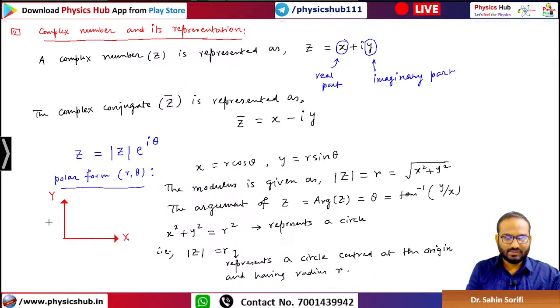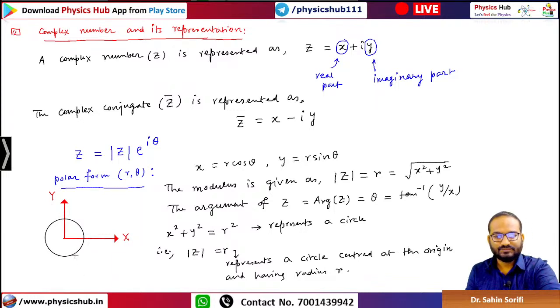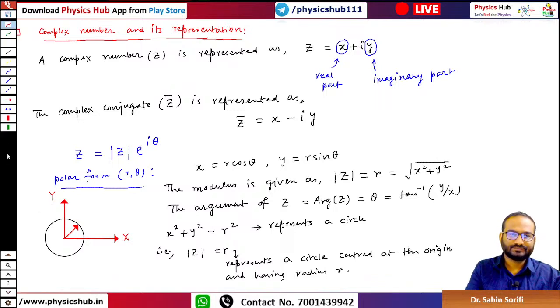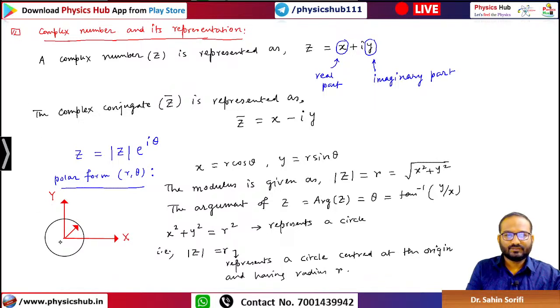It is a circle centered at the origin, whose radius is, let's say, a general r. So this is the origin, and this value is radius r.